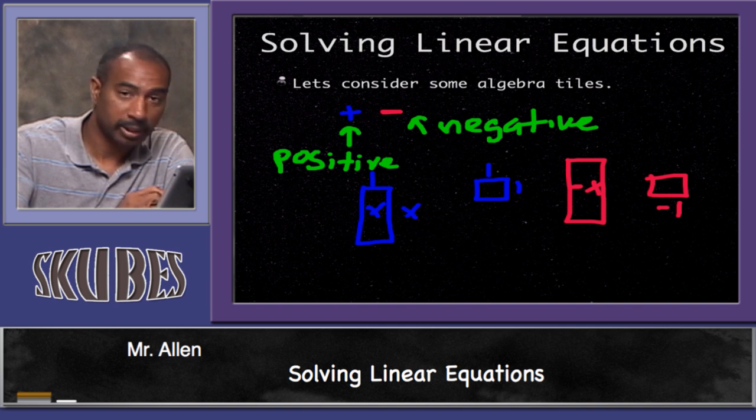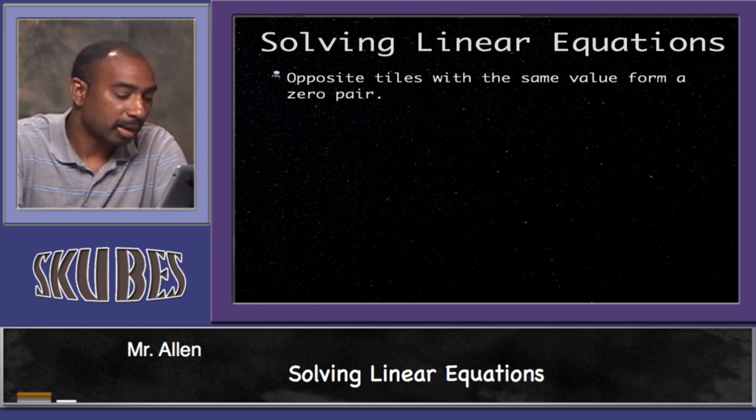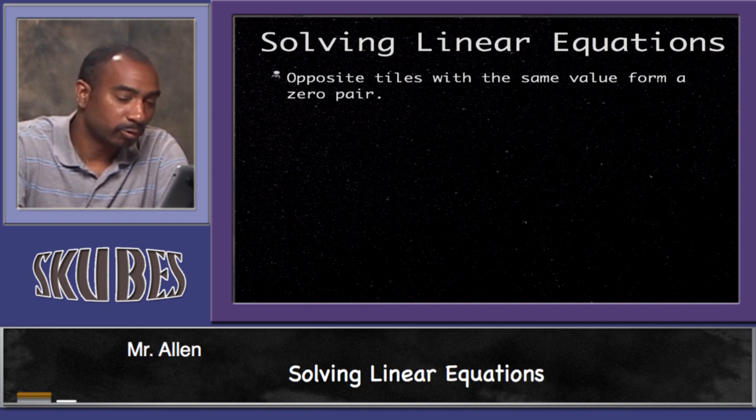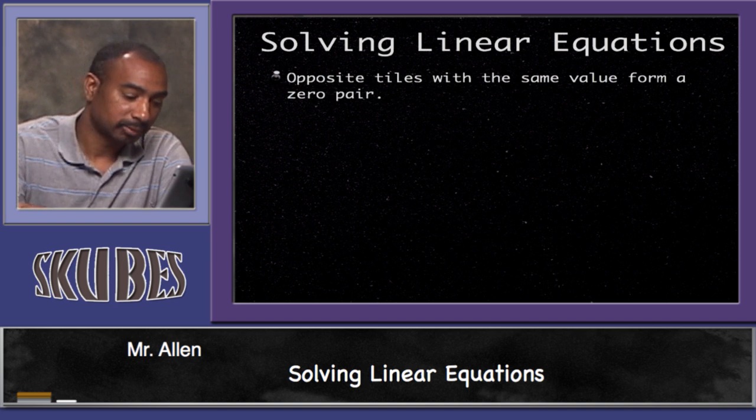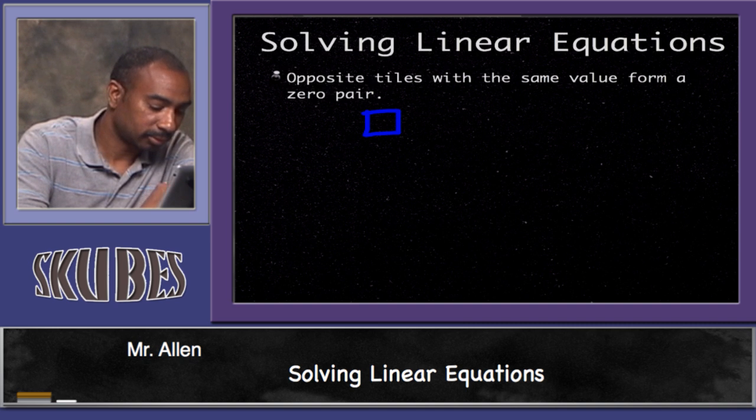Okay, let's apply this. Now before we get started, opposite tiles with the same value form a zero pair. For example, let's say I have a positive 1 and I pair it up with a negative.